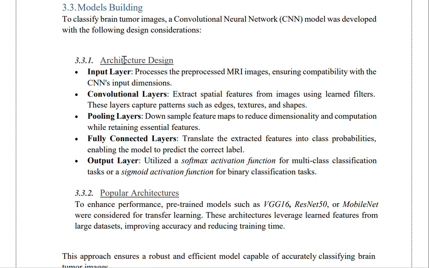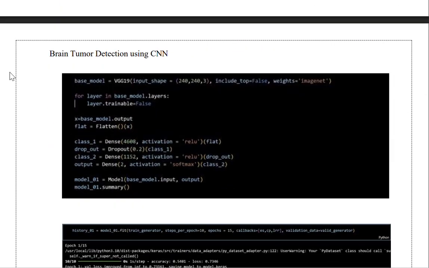Let's break down the architecture step by step. First, we start with the input layer. It receives MRI images that are already pre-processed and resized to match the model's expected shape, in our case 240 by 240 pixels with 3 color channels.